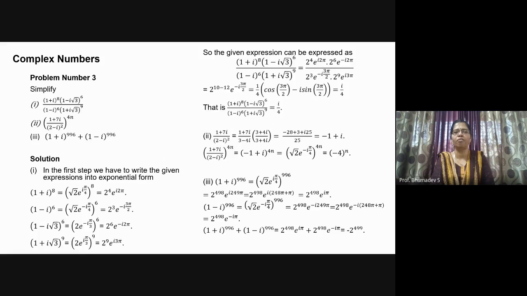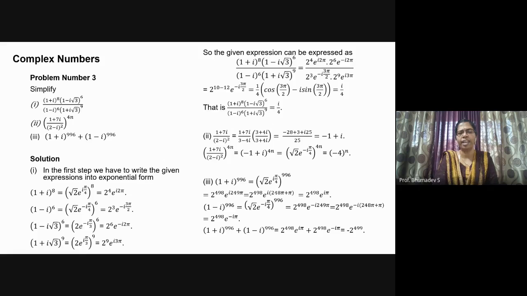So e to the power of minus 3 pi i by 2 can be further written as 1 by 4 into cos 3 pi by 2 minus i sin 3 pi by 2. When we simplify, sin 3 pi by 2 is minus 1, so minus of minus becomes plus i upon 4. Cos 3 pi by 2 value is 0, so we leave that out.